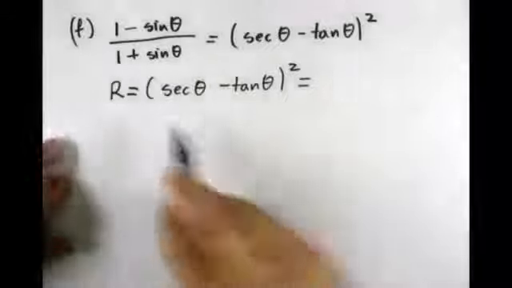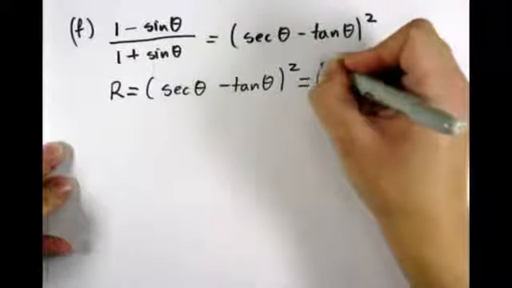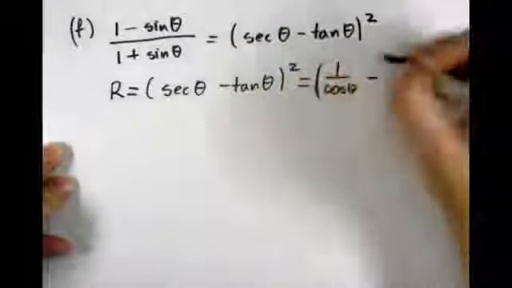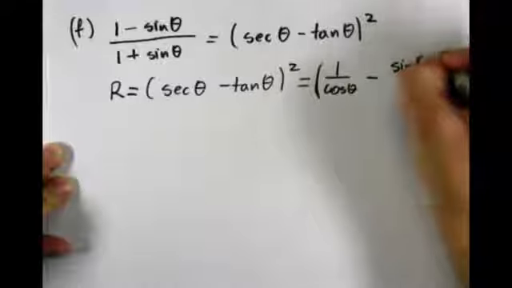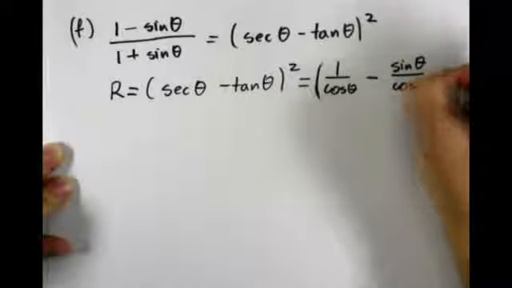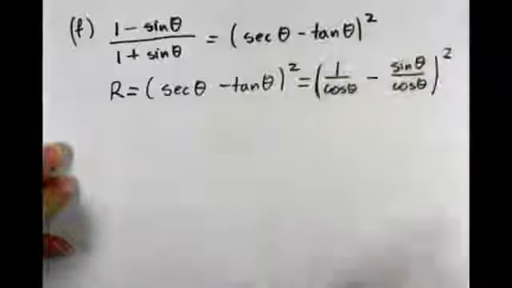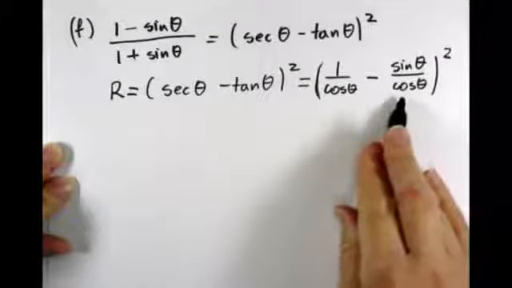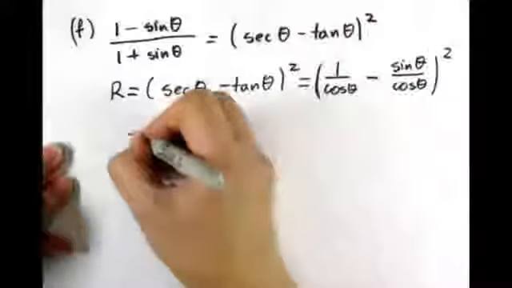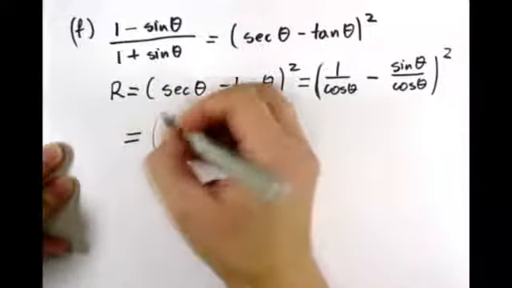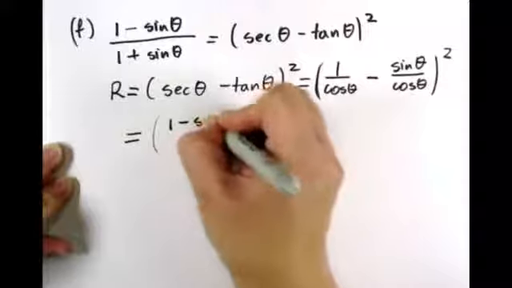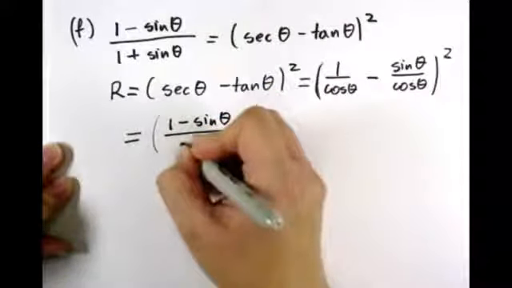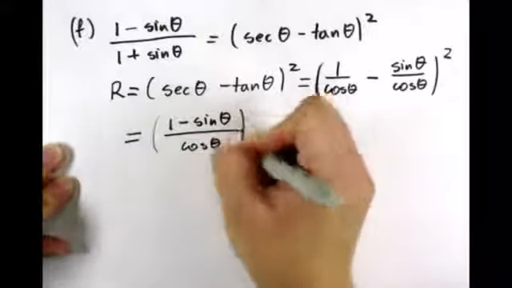Okay, so secant, we know that this secant is 1 over cos, and tangent is sine over cos, and then I have the square. So this one is already on the same denominator, so we can write it as one fraction: 1 minus sine theta and square it over cos theta and square it.